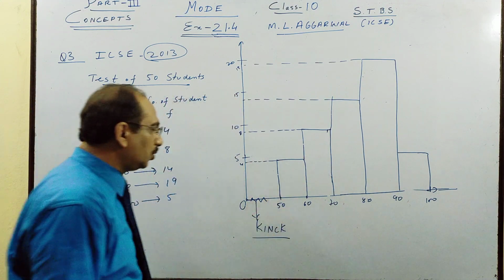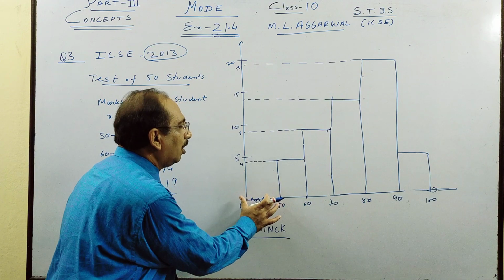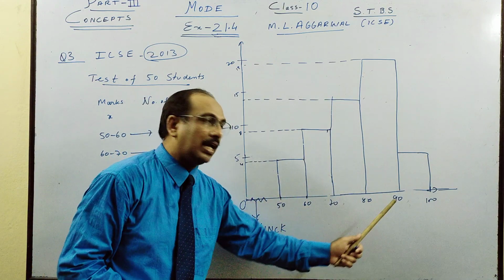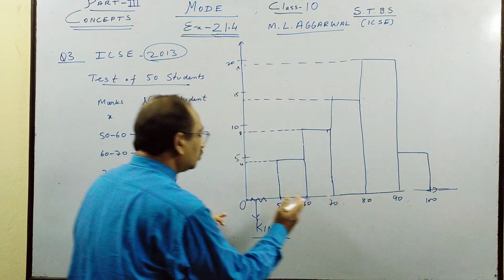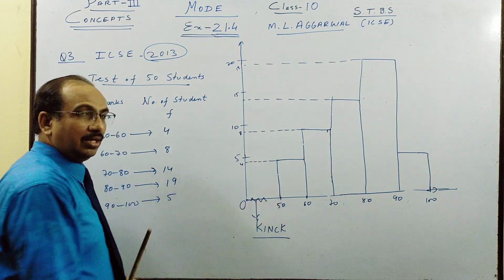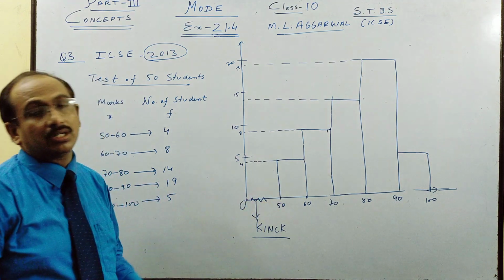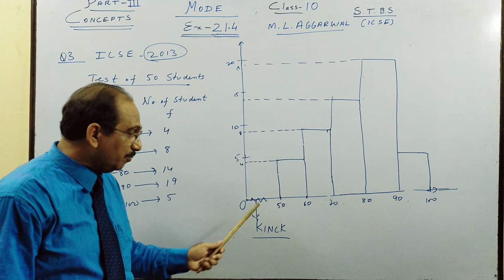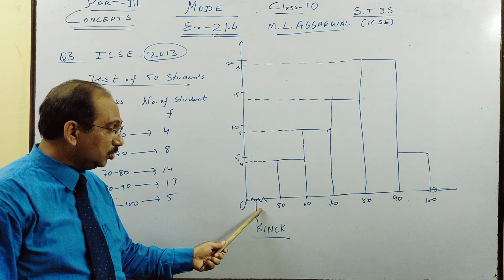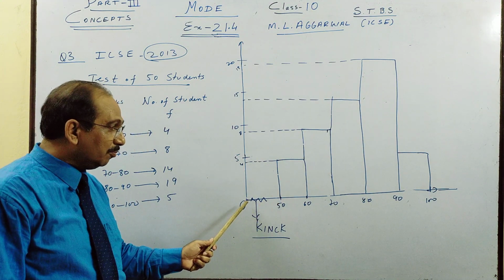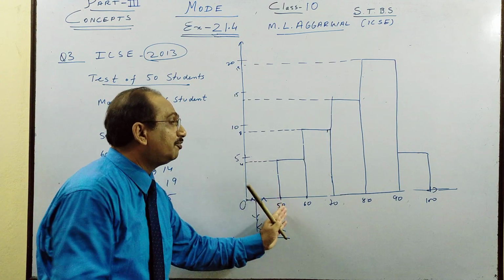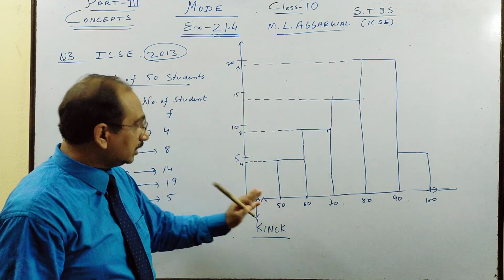So this kink shows you this is not in that scale what we have. See, 50 to 100 here, so 0 to 50 should be here. So this shows this part is not up to scale. This is a very important thing to use, because if you leave it straight, 0 to 50 is so less and 50 to 100 so much. So this is one important thing.